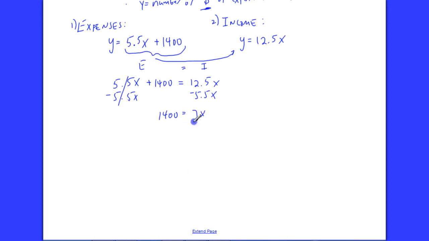We just need to solve this. Divide both sides by 7, x equals 200, and that is the solution. They must sell 200 hats to break even.